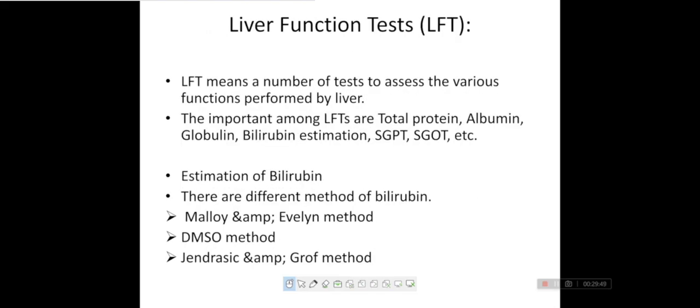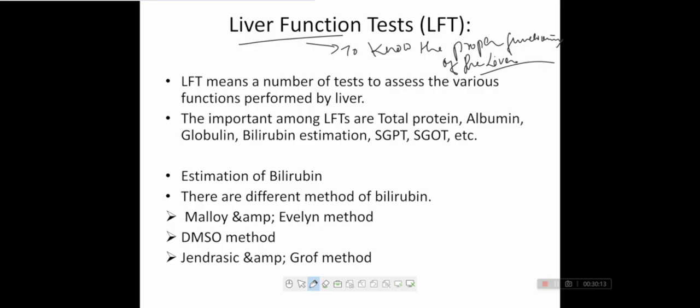Now next is the liver function test. The liver function test is performed to know the proper functioning of the liver.